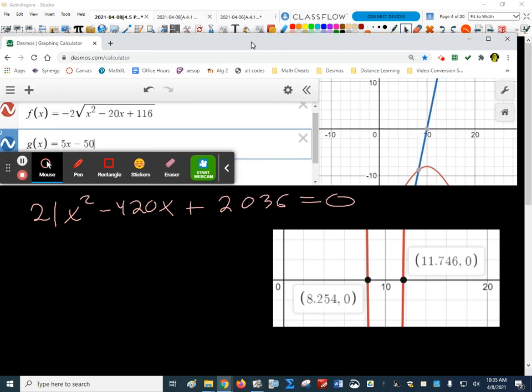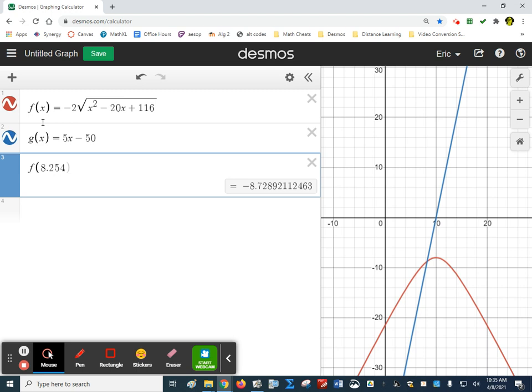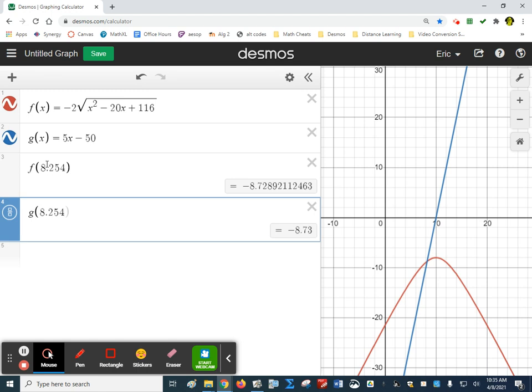So if I plug those into my function, f of 8.254 gives me that. g of 8.254, that's the right side, gives me the same thing, just rounded. Why isn't it exact? Because that's a rounded answer, right?